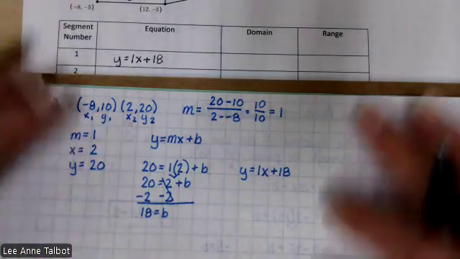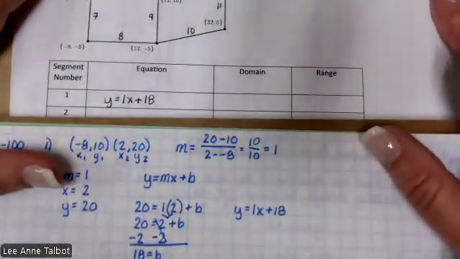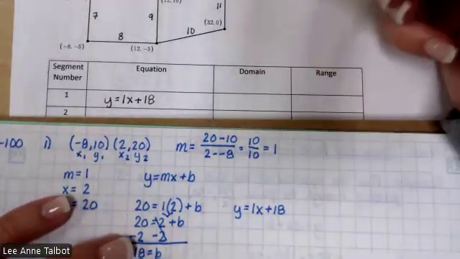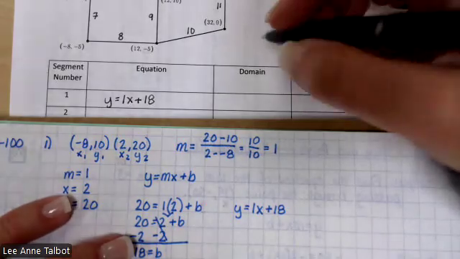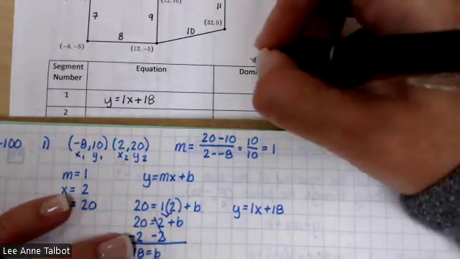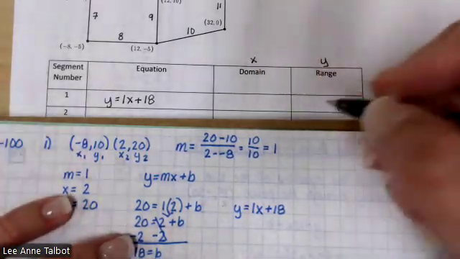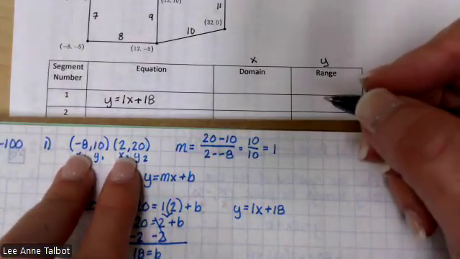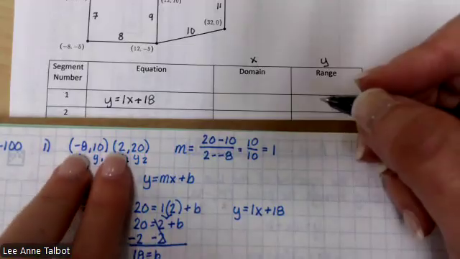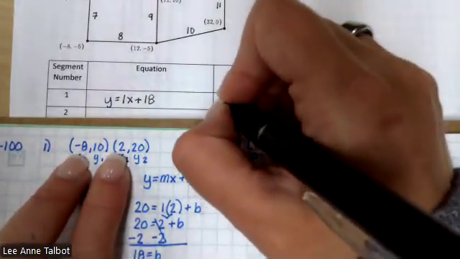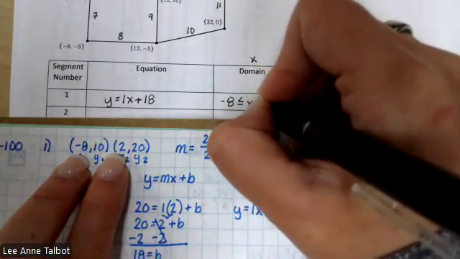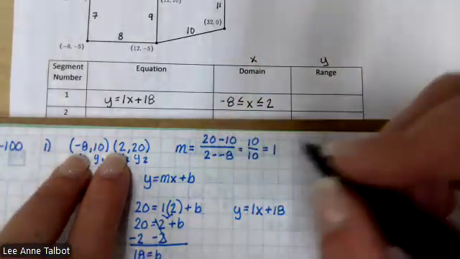Okay. Now the domain. Is the domain x or y? X. And range is y. Okay. So what you do for domain is you look at the coordinates and you go from least to greatest. So this would be -8 is less than or equal to x is less than or equal to 2.